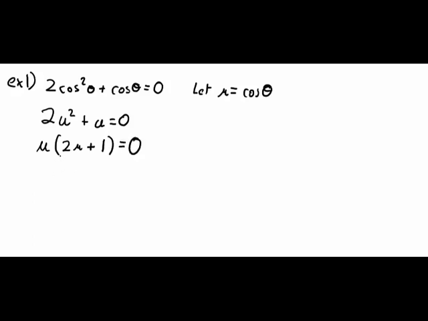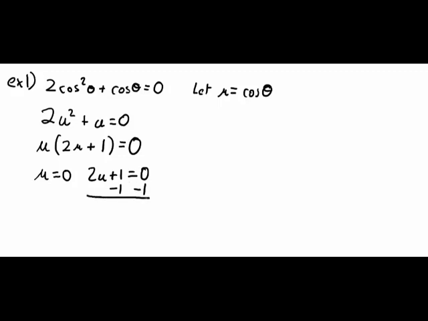Okay, so we know that since u times 2u plus 1 is equal to 0, that means either u is equal to 0 or 2u plus 1 is equal to 0. Which we can solve by using inverse operations.